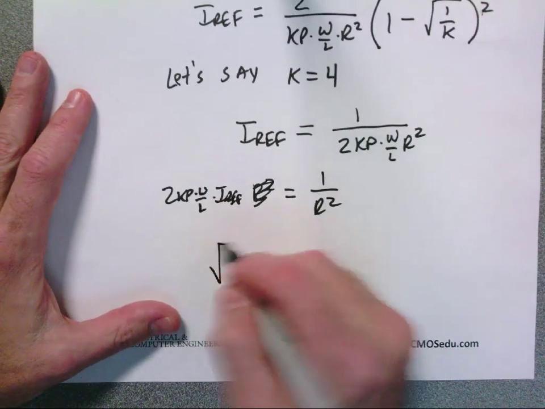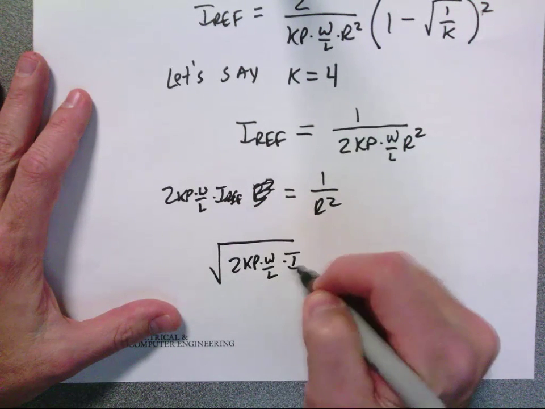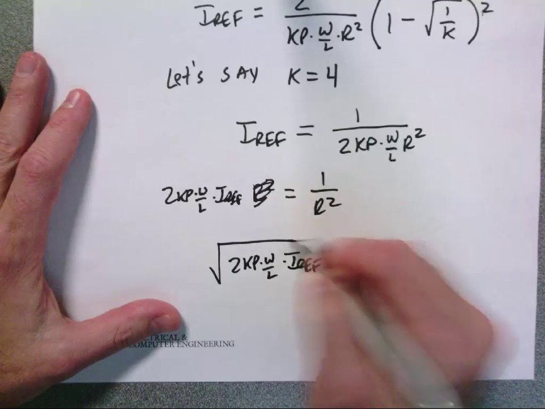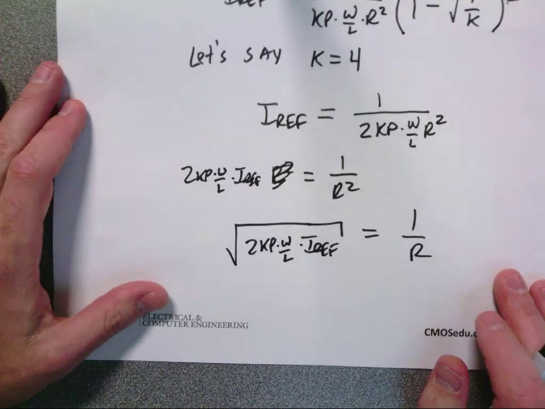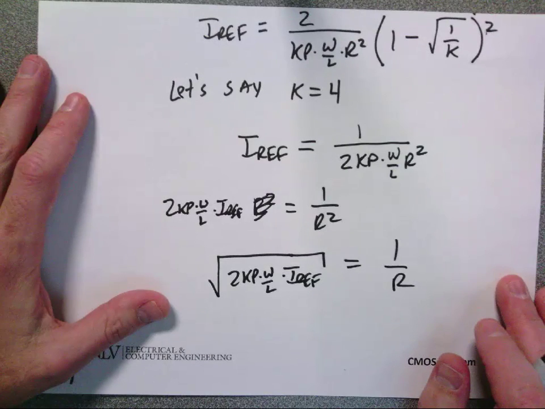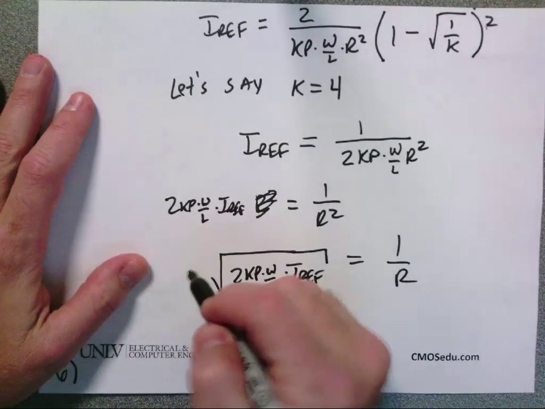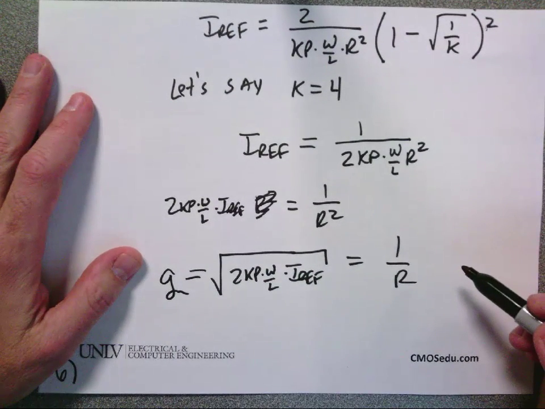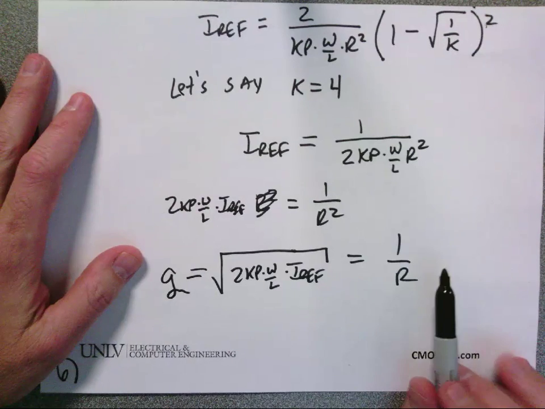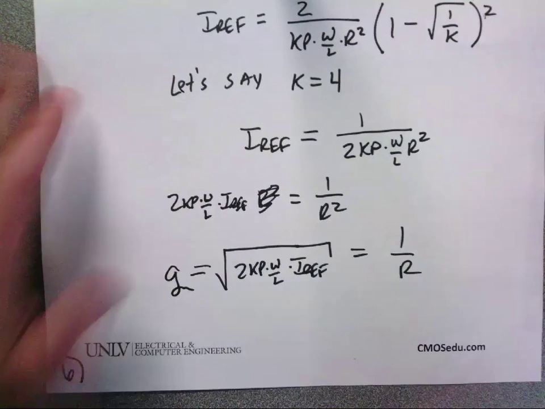Taking the square root of both sides, I get the square root of 2 Kp times W over L times Iref is equal to 1 over R. Why is that interesting? This is GM. So I can set GM by just using the resistor value there if I set K equal to 4.